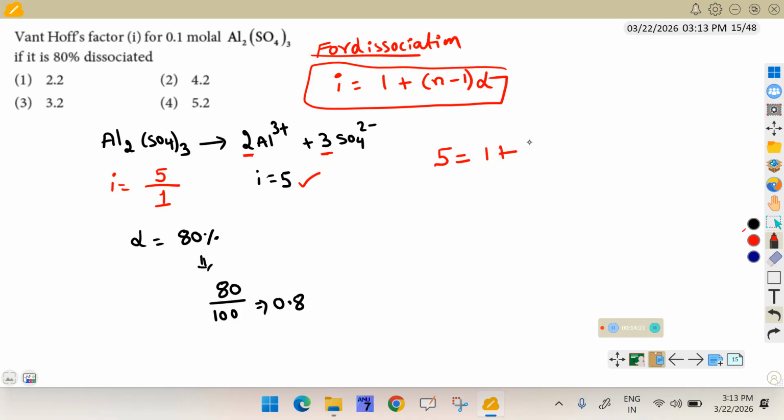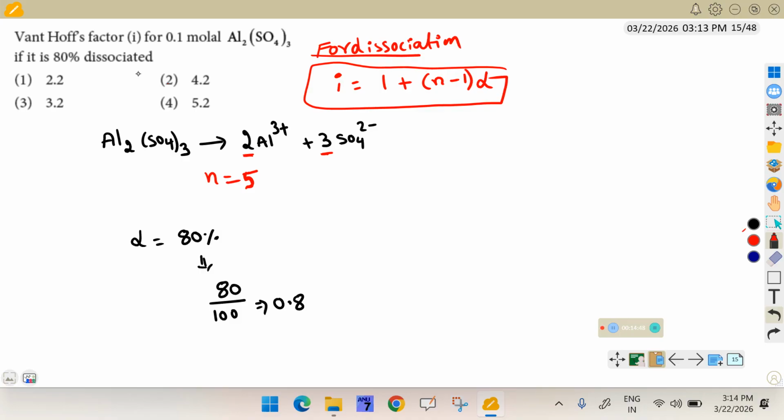Here the question is to calculate the Van 't Hoff factor. So the n value is equal to 5, 5 ions are present.